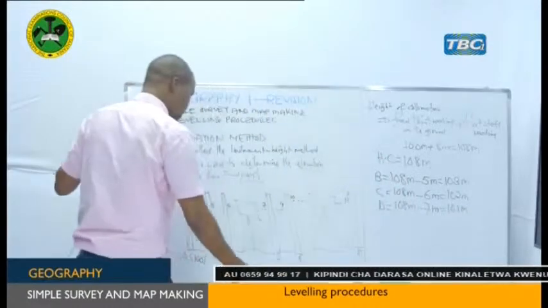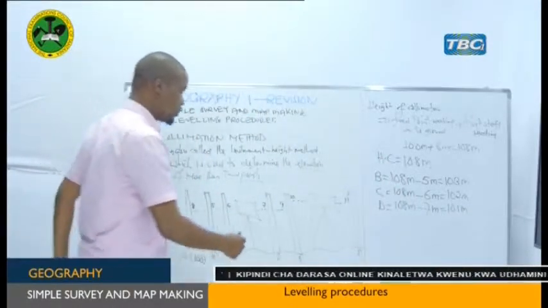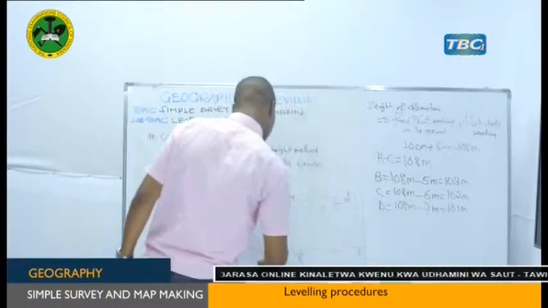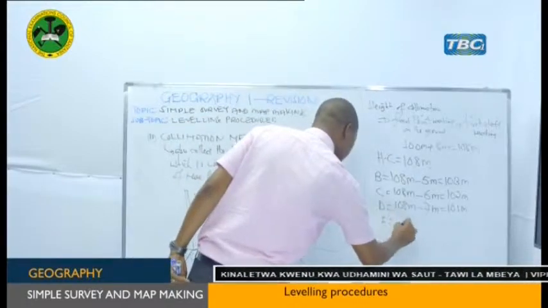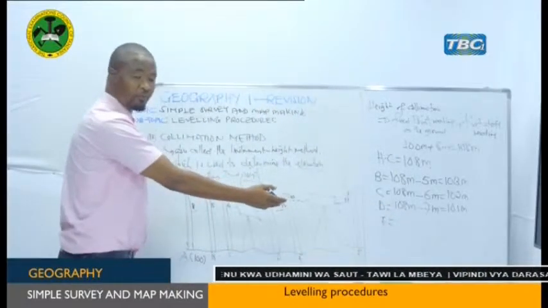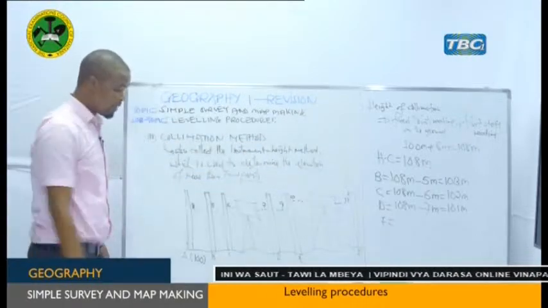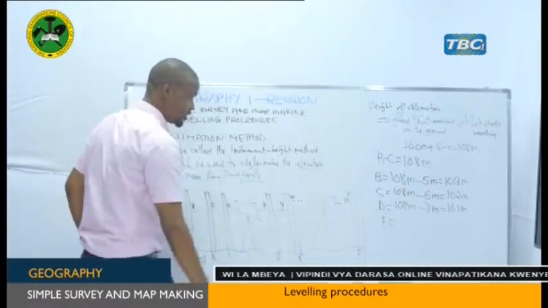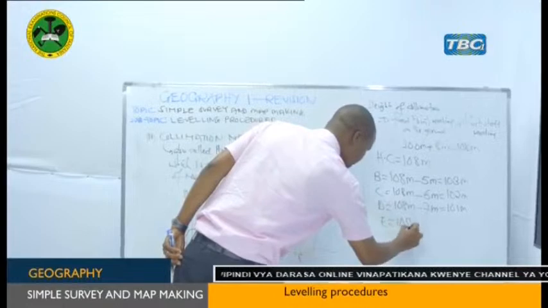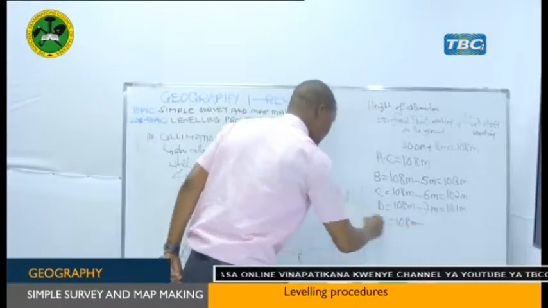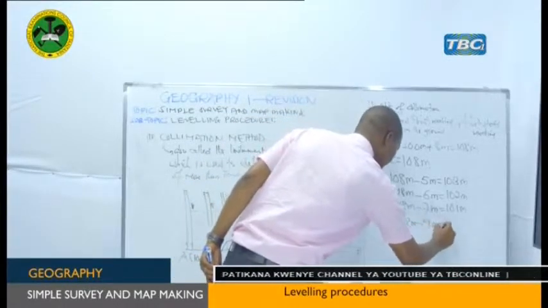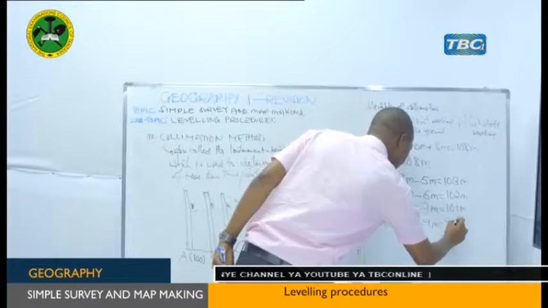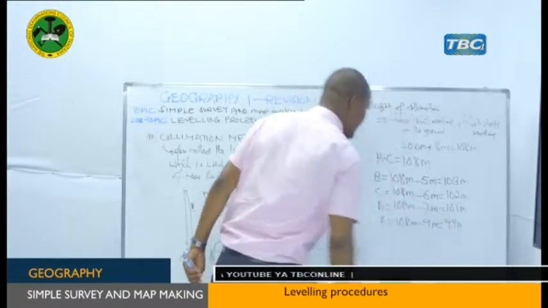You see? Then point E: the height of collimation, which is 108, minus the staff reading of point E, which is 9. 108 meters minus 9 meters gives 99 meters.